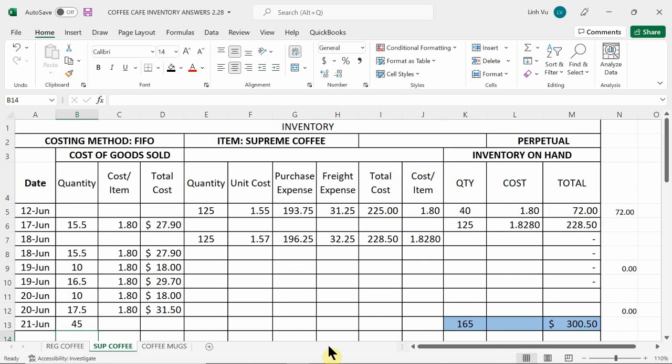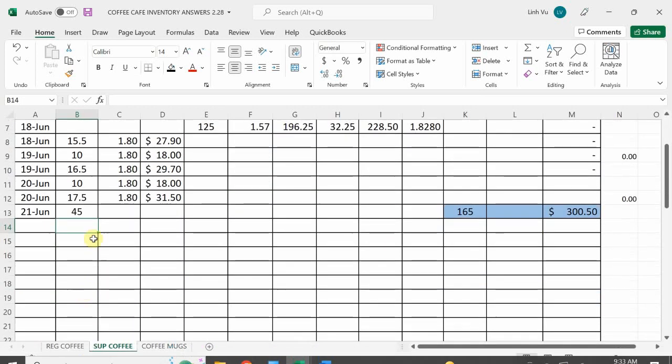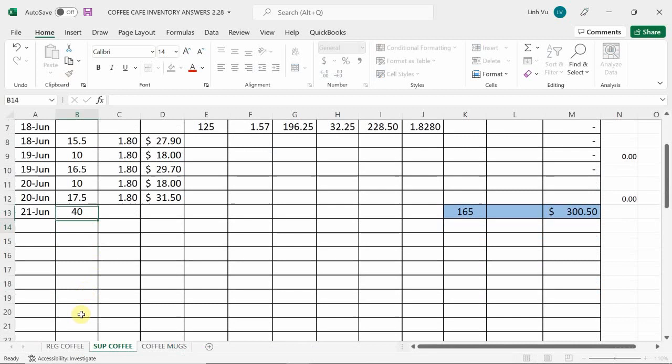That is not first in, first out. What was the first batch of inventory that I purchased? The 40 pounds, right? In this case, I don't have enough, so I need to break this up. We got 40 and we got 5 pounds to give us a grand total of 45 pounds.